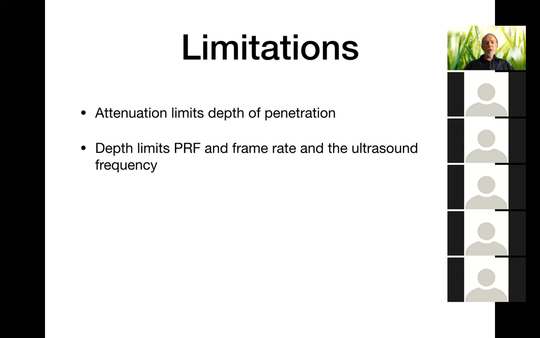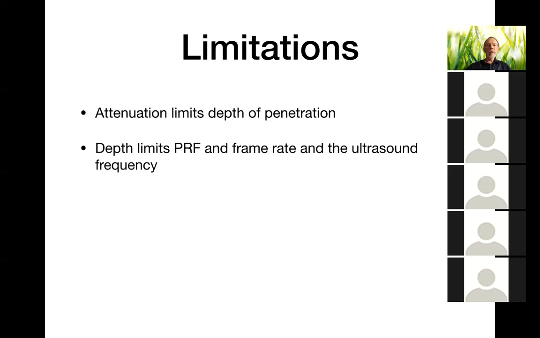The depth also limits the number of images that can be made each second. This is because of the rule I mentioned earlier, that the machine has to wait after it's transmitted for all the echoes to come back and for there to be no more echoes that are detectable before it moves the beam to the next position and repeats the transmit process.